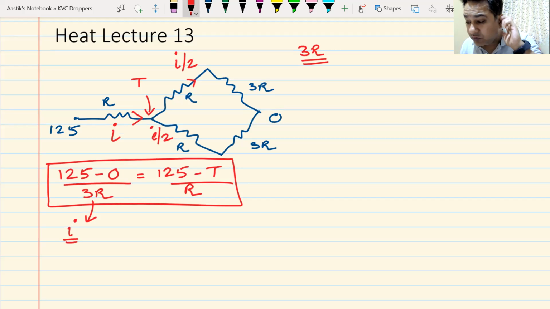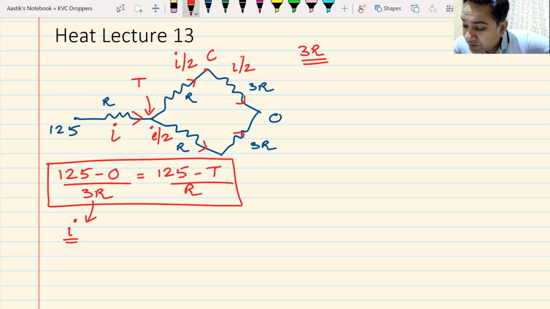So I by 2 will go here, I by 2 will reach here, I by 2 will still flow here, I by 2 will flow here, and I by 2 will flow here. Do we understand this? Yes or no?